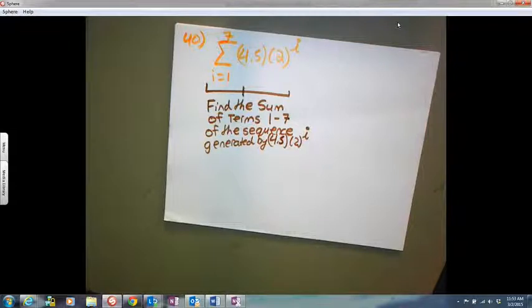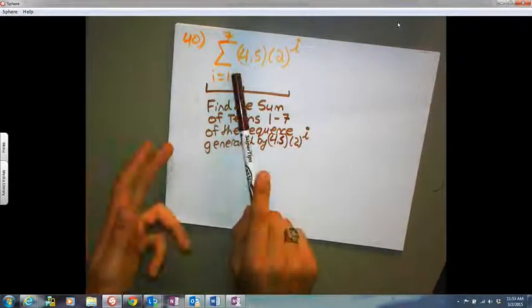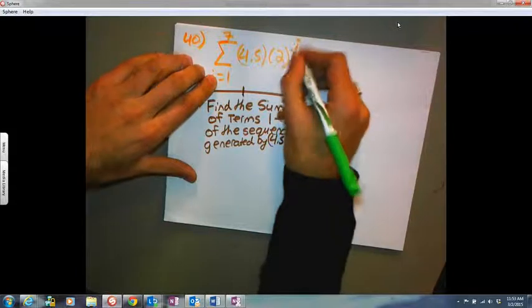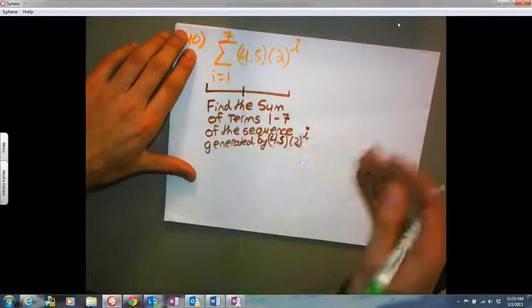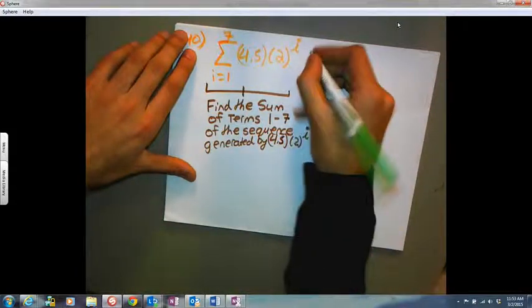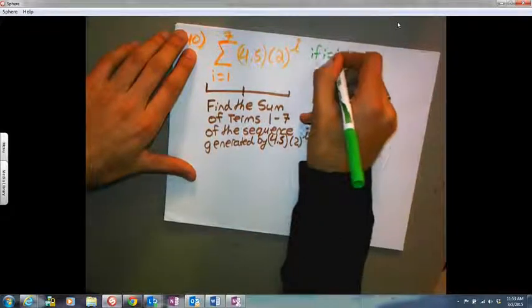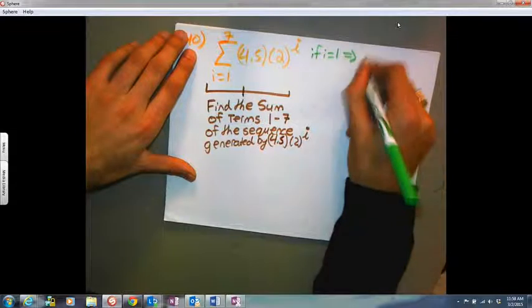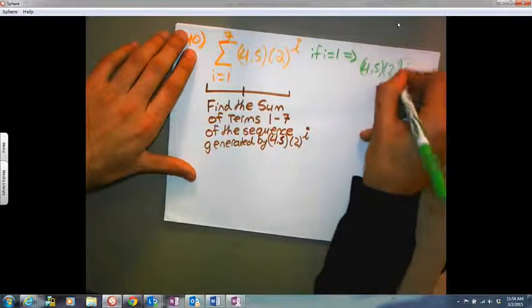Now, in order to use the formulas, we have to determine if this is an arithmetic or a geometric sequence. And of course, the way we do that is we simply begin to identify a few terms from the sequence. So if i equals 1, we have 4.5 times 2 to the first power, which equals 9.